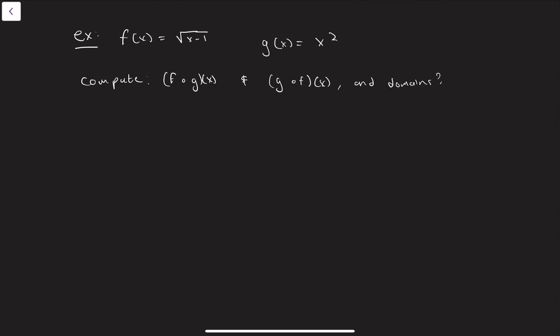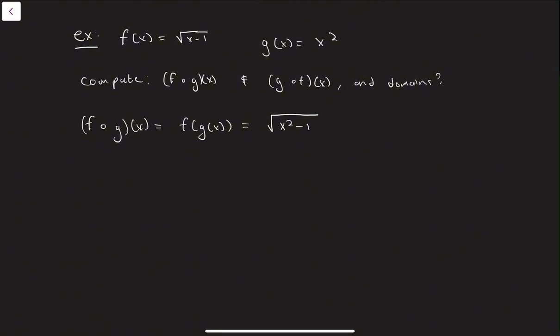Great. To start, let's do f of g of x. That is equal to, with f of x being our outer function, root of x squared minus 1.